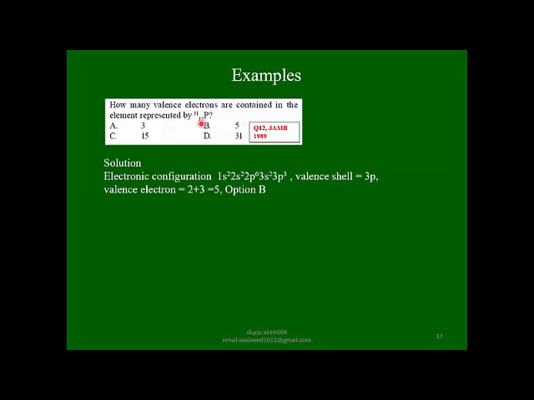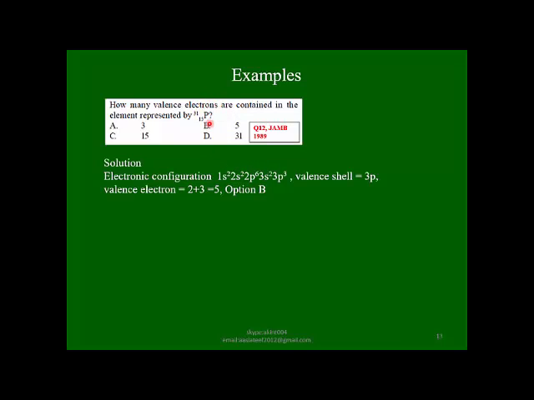So now 15. We write the electronic configuration: 1s2, 2s2, 2p6, 3s2, and 3p3. So the outer shell is shell 3, that contains 2 plus 3 electrons, making 5. So option B is the answer to this problem.